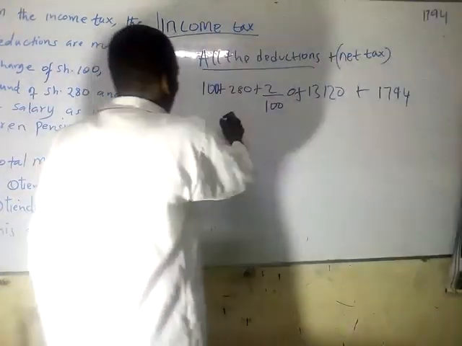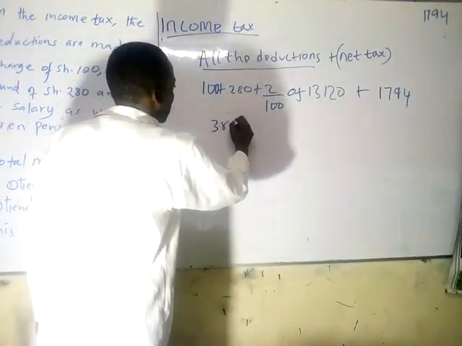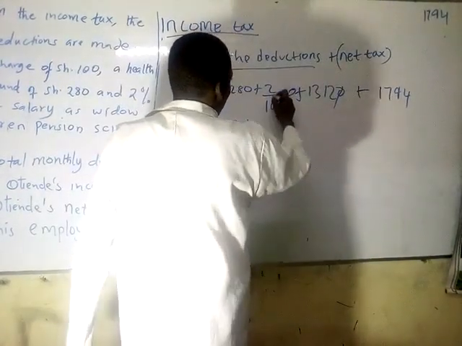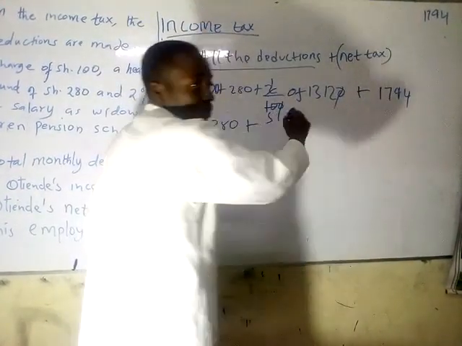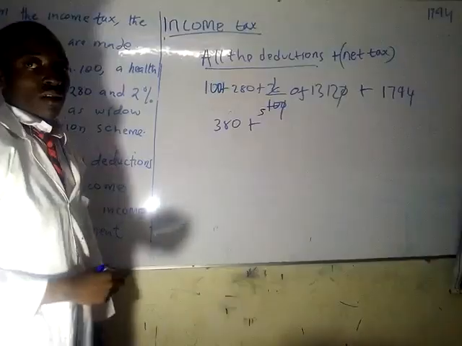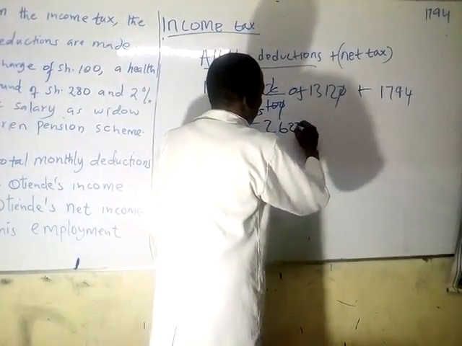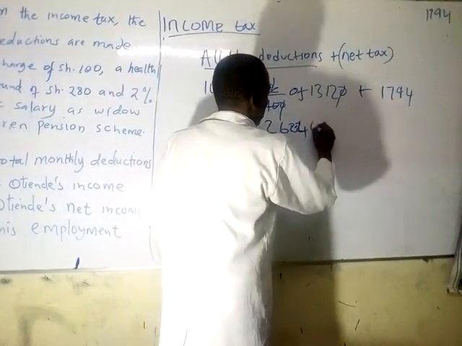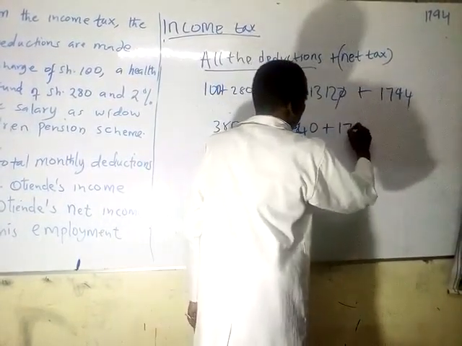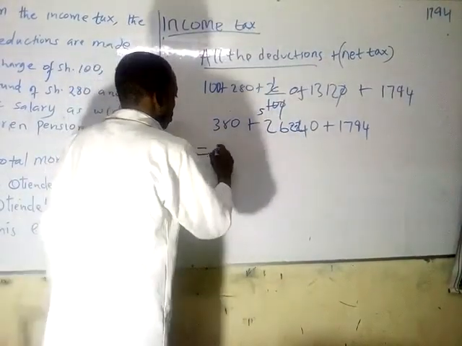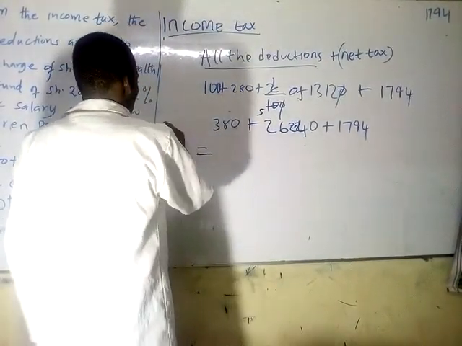So here you get 380 plus 262.40 plus now our net tax. When you add this, you get the total deductions.